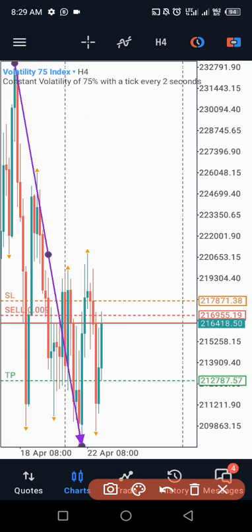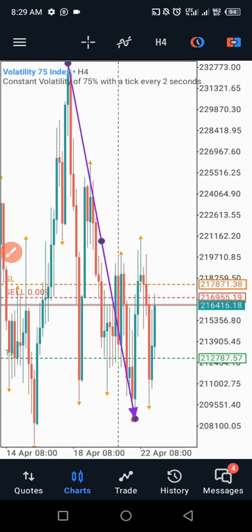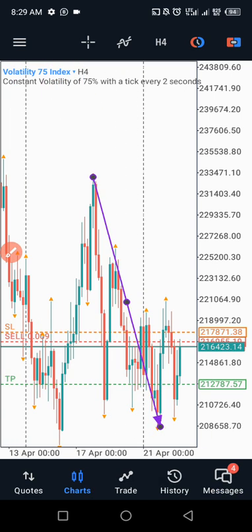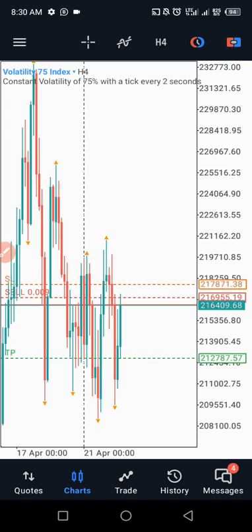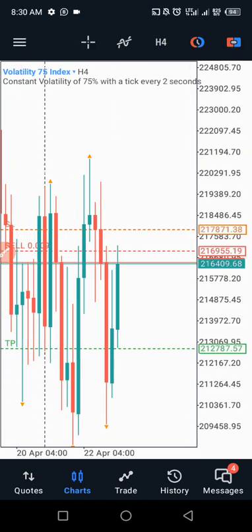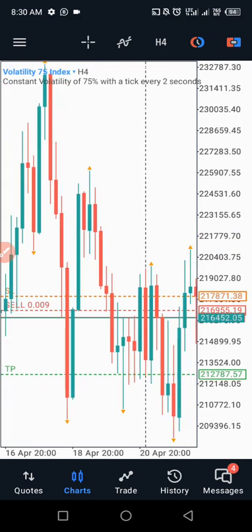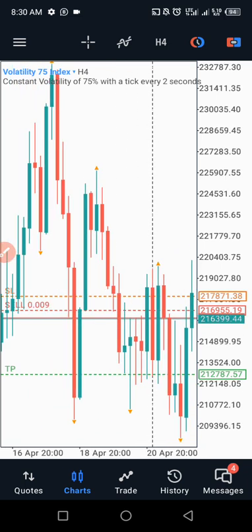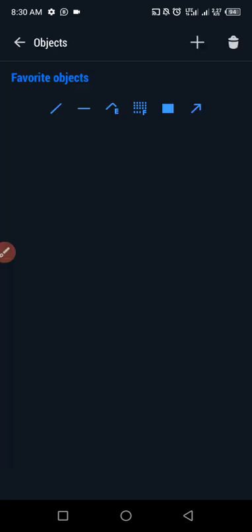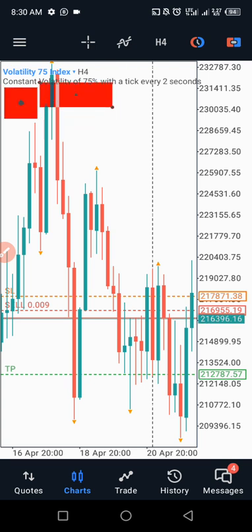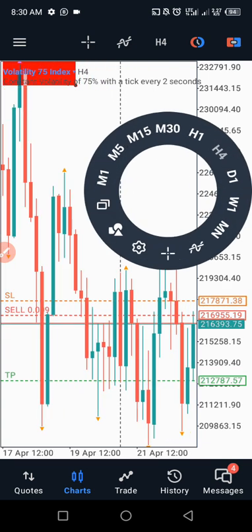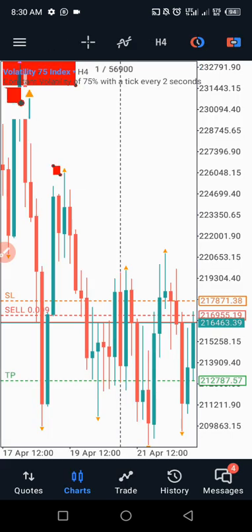After that, what we want to do is note the major support and resistance levels in the market. If you look very well, you will notice price created this high here. This will be our first high, and then this will be our next high at this particular level.